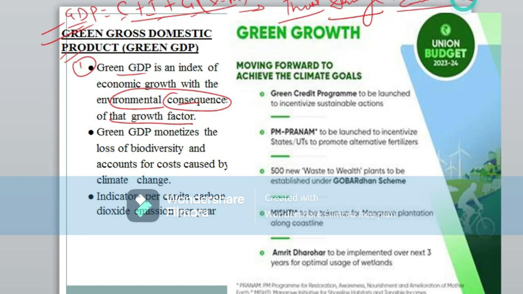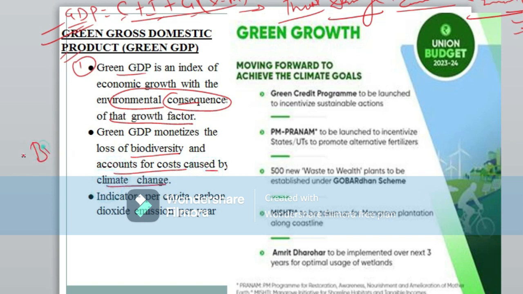Considering the environmental concern, the United Nations Environment Program has launched this, under the green GDP, that how much production is made, how much expenditure is made in production of environment, under the GDP parameters. So green GDP monetizes the loss of biodiversity and accounts for the cost caused by climate change.